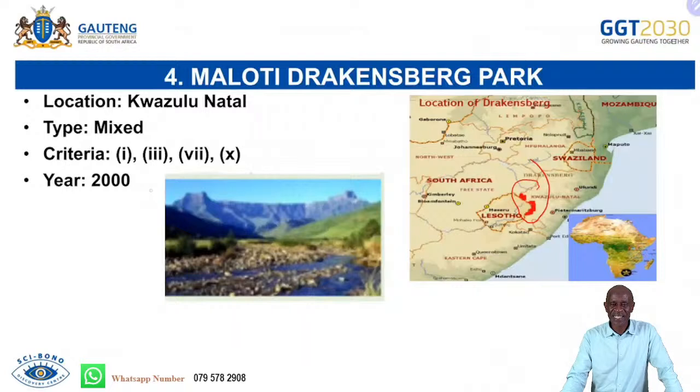Remember, this is a name and it has to be spelled as it reflects here. It is not Drakensberg Maloti Park, it is Maloti Drakensberg Park. I'm making an emphasis of this because sometimes when you are confronted with a question on this, you often swap around the words in the name.